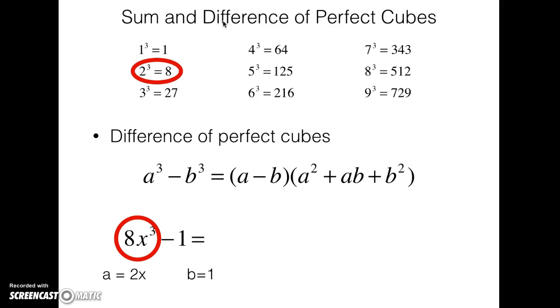So anywhere you see an a, you're going to plug in 2x, and anywhere you see a b, you are going to plug in 1. So we have 2x minus 1, parentheses, 4x squared plus 2x plus 1. You have to be very careful with the a squared term because you need to square both the 2 and the x to get 4x squared.